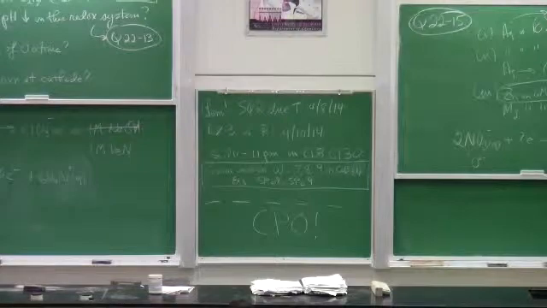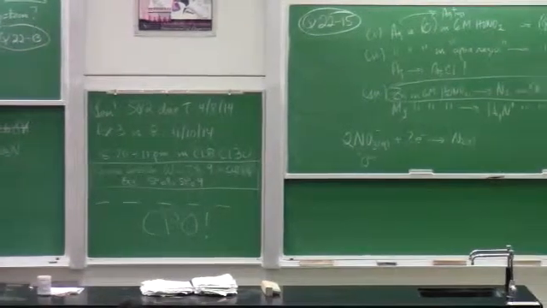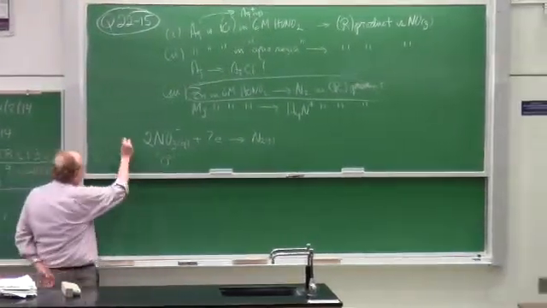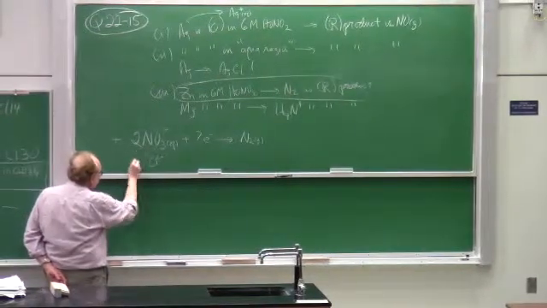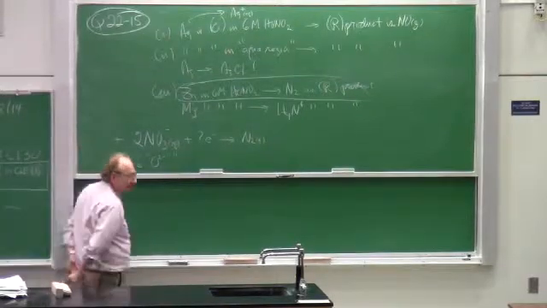And I got to kill 6 of these oxide ions. So how many hydronium ions do I need? I'm going to clobber 6 of these. And I'm doing this in acid solution.